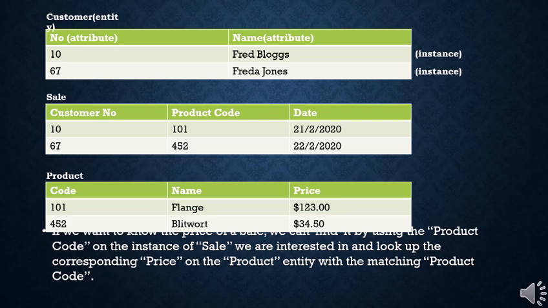Lastly, the product table contains product code 101, which is Flang, priced at $123, and product code 452, which is Blitwort, priced at $34. So for any sale, we can find out which customer bought which product on what date, and by using the product code in the sale table, we can look up the price of the product from the product table.